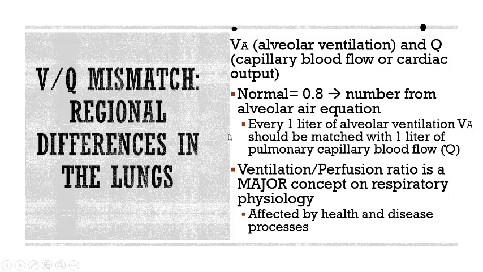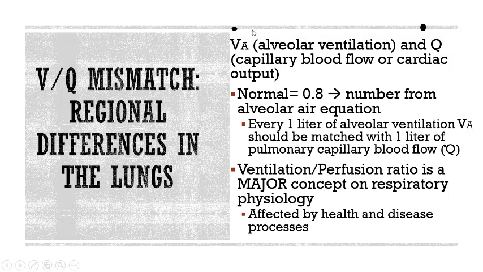So going a little bit further on these regional differences, specifically what it's called is a VQ mismatch. So the V stands for ventilation. Very specifically, it stands for alveolar ventilation. A lot of times it's just simplified to ventilation, but we're talking specifically about ventilation in your alveolar air sacs. And Q stands for your capillary blood flow, right?